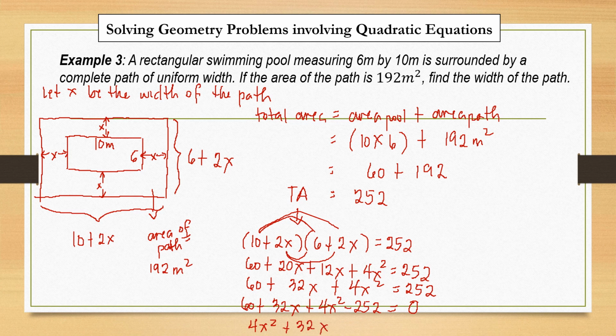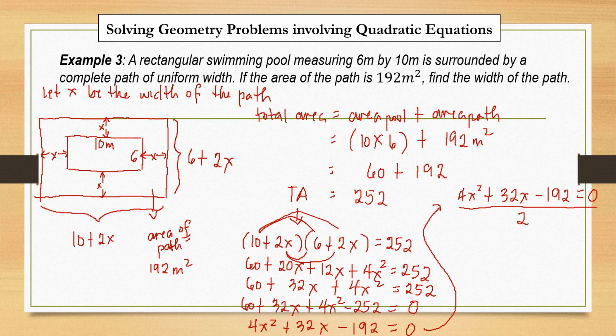What is 60 minus 252? That is equal to negative 192. So 4x squared plus 32x minus 192 is equal to 0, which can still be reduced.